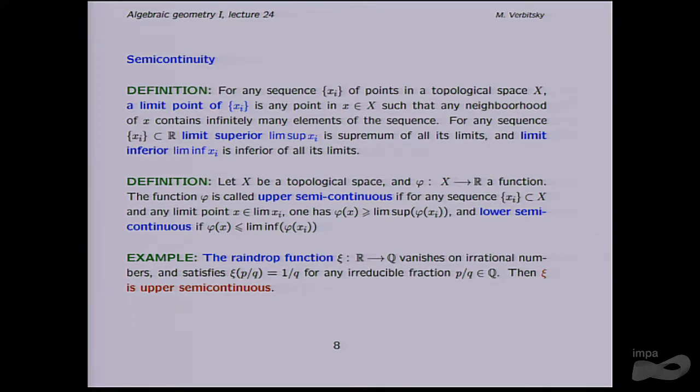It's the intersection of the closures of {x_n, x_(n+1), and so on} over n. This is the same as a point such that any neighborhood of this point contains infinitely many points of this sequence. This is the same.